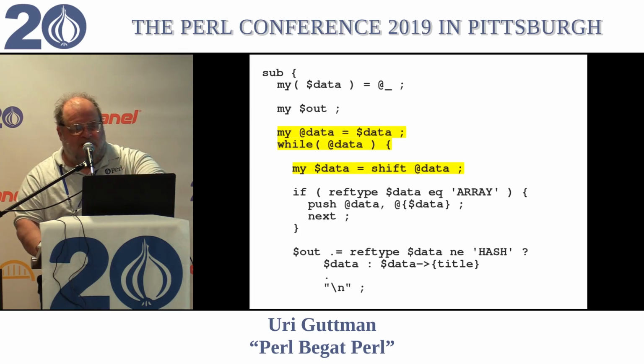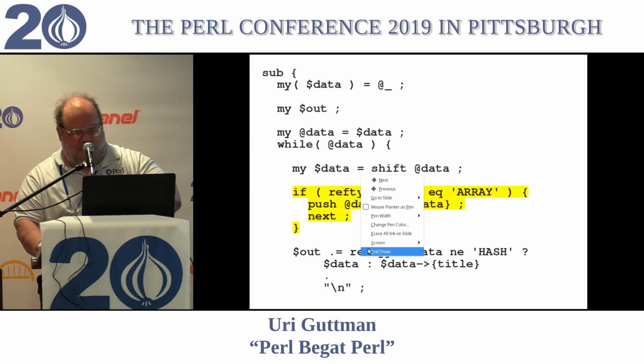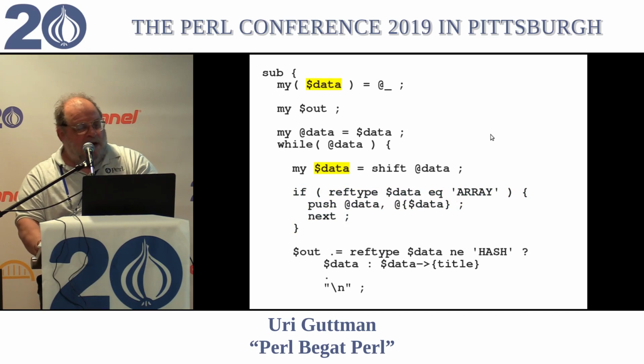So this code here, coming up, wait a minute, back. Notice I have data here and data below. There are different scopes. There's a reason I keep the word data there, because we're going to be nesting and recursing. The code is not recursing, but the logic is recursing. We're generating deeper and deeper code, and I want to use the same code everywhere, so I had to keep the same name everywhere.